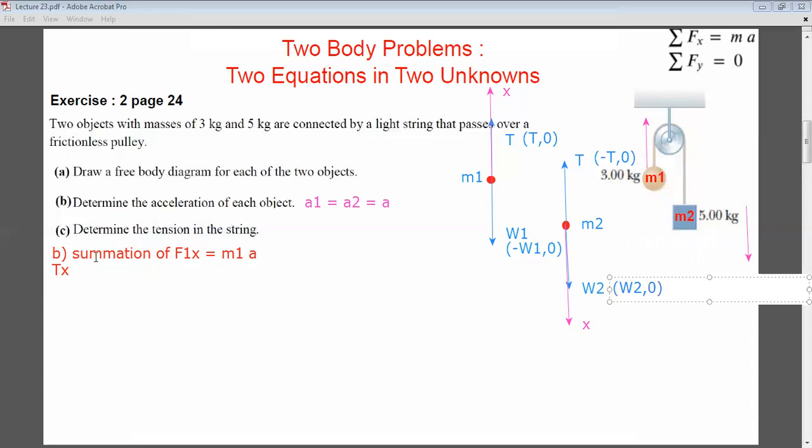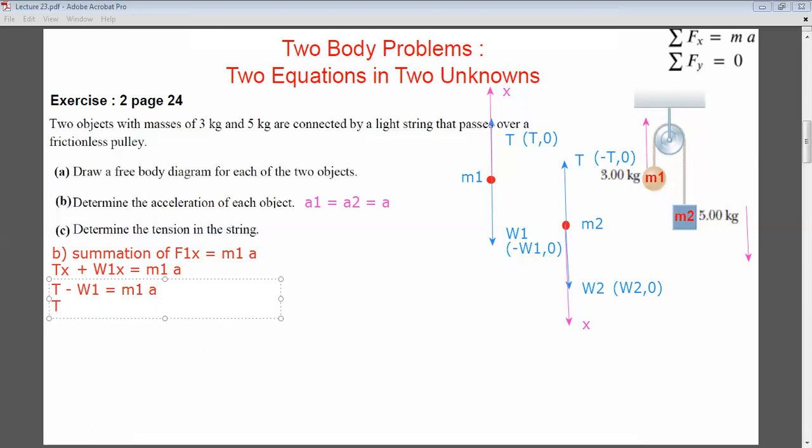Okay, so now we come back here. Tx plus W1x is equal to m1a. And now Tx is T, minus W1 is equal to m1a.